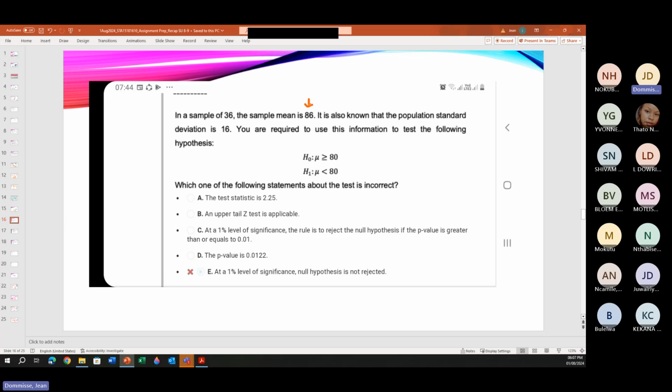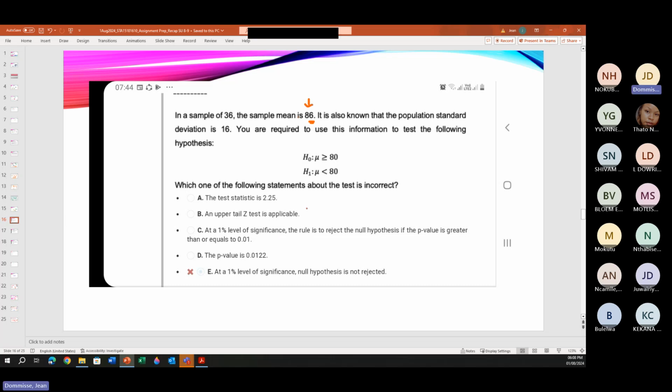The previous assignment I had was 83, and this one was from last year. So again, not a lot have changed in this question. The only thing that have changed is the sample mean. The rest stayed exactly the same.